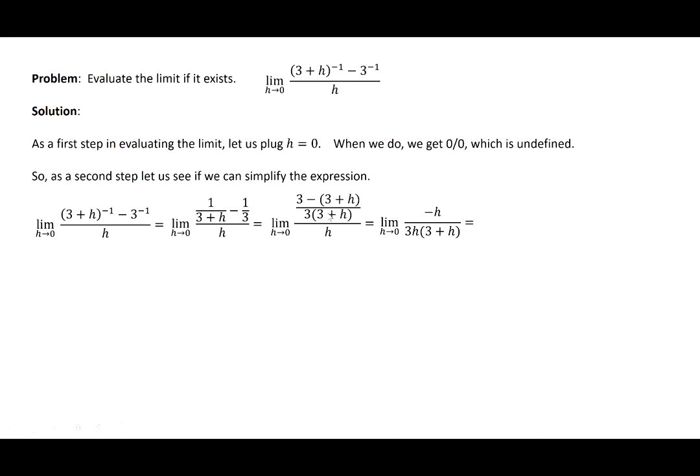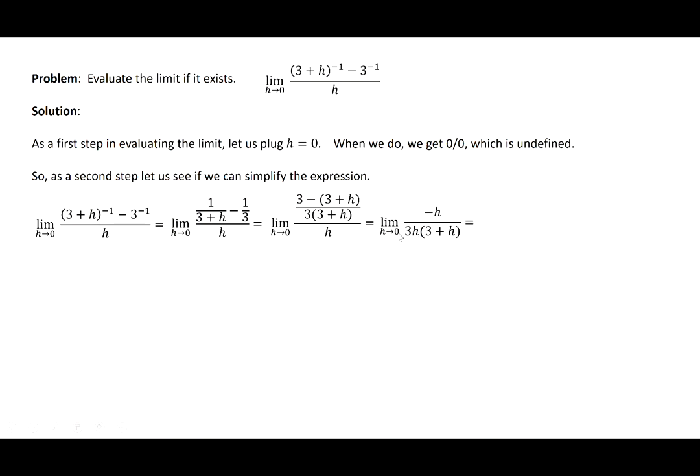We have a top fraction divided by h. Dividing by h is the same as multiplying by 1 over h. It's the reciprocal, right? So take the top fraction and multiply by 1 over h. When you do that, this is what you get. Now can we cancel the h's?